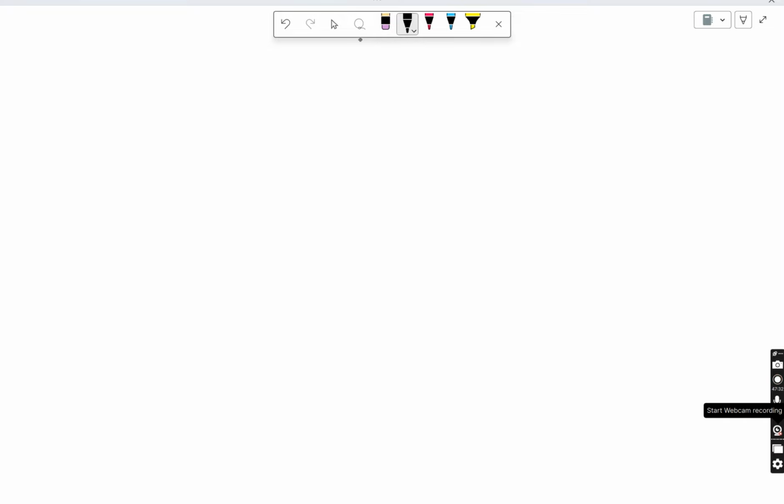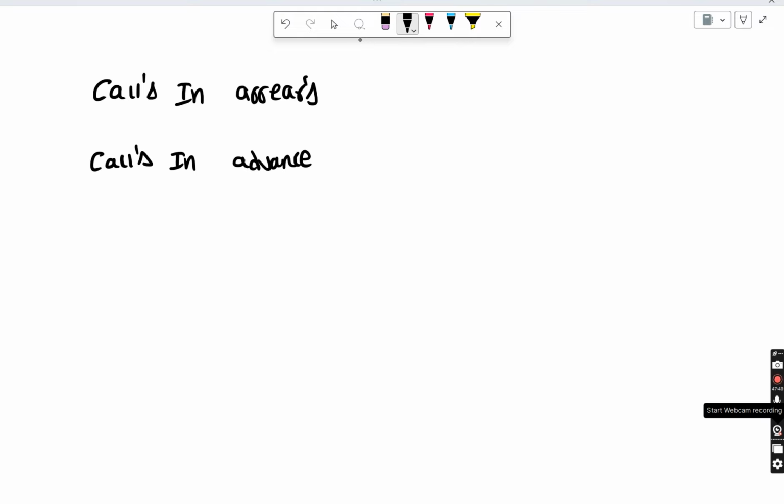So if somebody did not pay the money, we call it calls in arrears or arrears. If somebody pays in advance, calls in advance. So what does that mean? Due but not received.